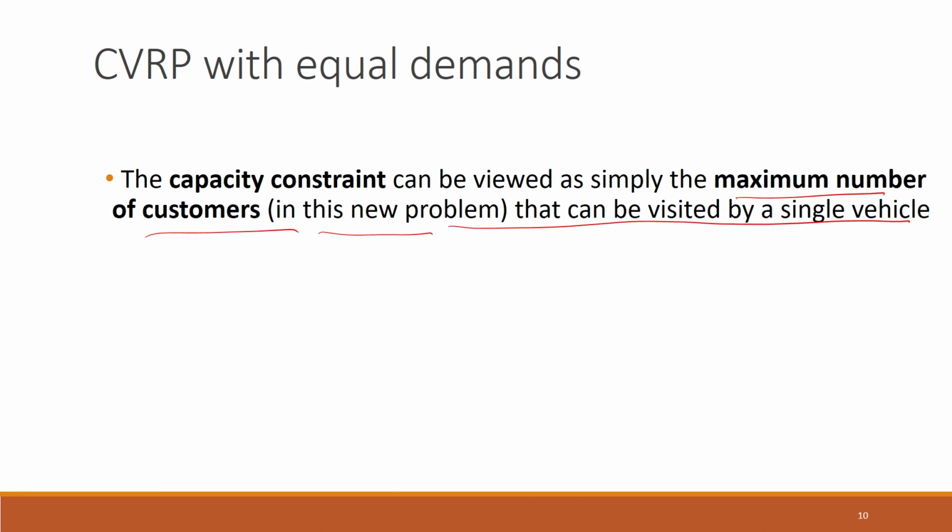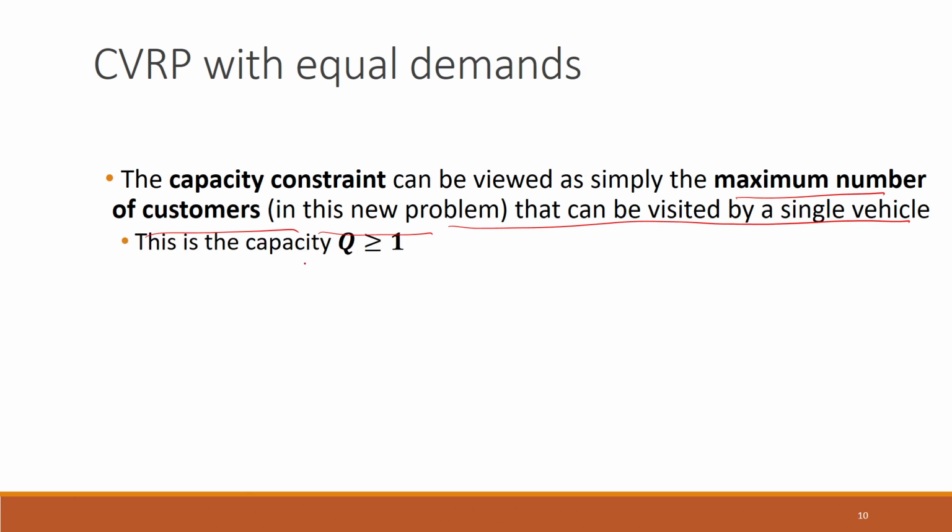For example, if a particular vehicle cannot carry more than 20 units of product, then it is equivalent to saying that, since every customer in this transformed problem is asking for 1 unit of product, this truck should not visit more than 20 such customers.